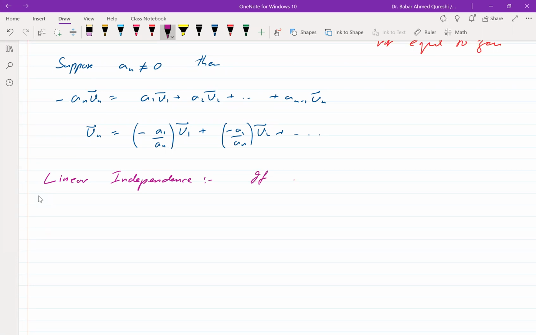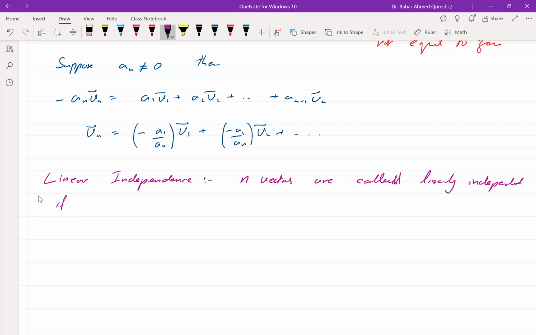Let's say n vectors are called linearly independent, so you pick n number of vectors from a vector space.